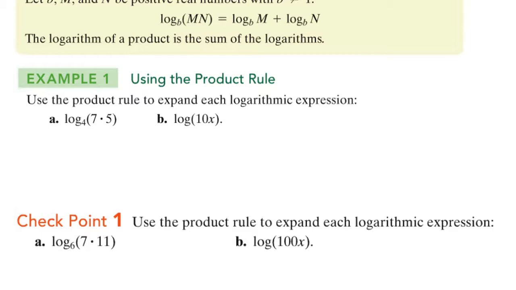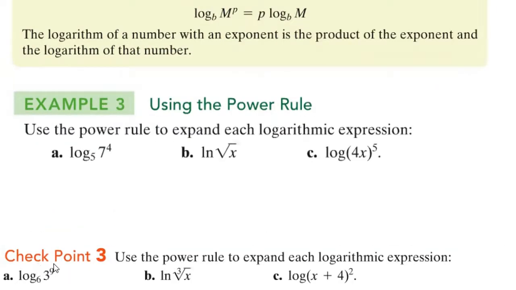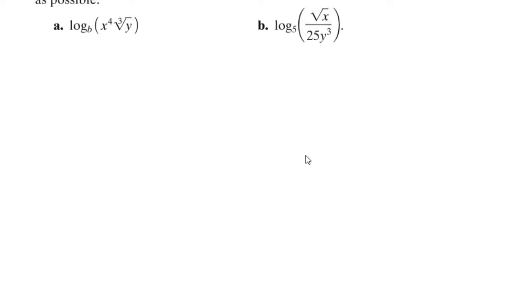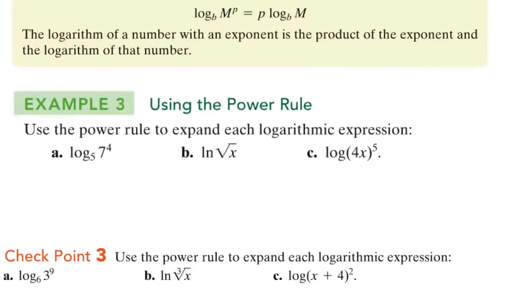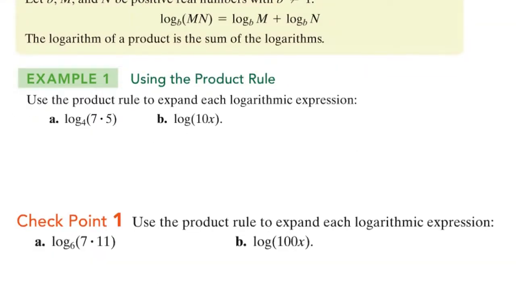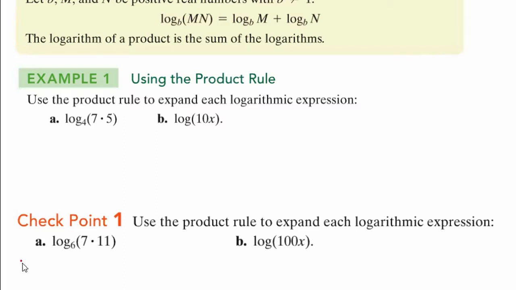All right, so you should be hitting play now to check your answers. Oops, I skipped ahead on accident. Let me fix that. Okay, so I have log base 6 of 7 plus log base 6 of 11.